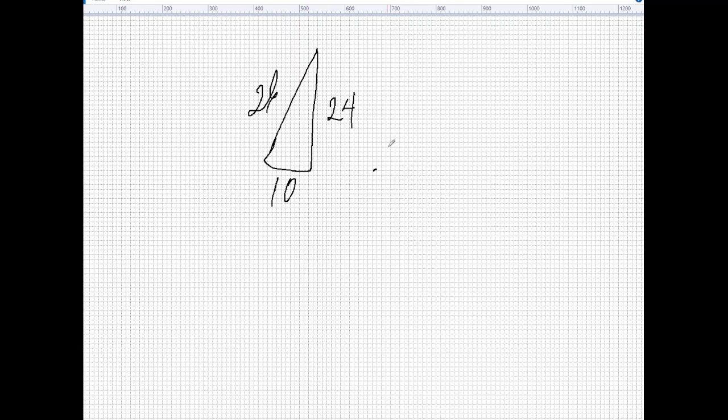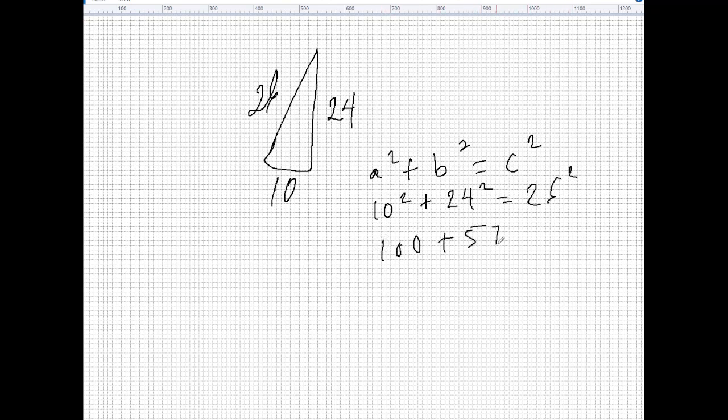So we have a squared plus b squared equals c squared. And we're going to substitute now, and we're going to put 10 squared plus 24 squared equals 26 squared, and that is going to be 100 plus 576, which is going to equal 676.